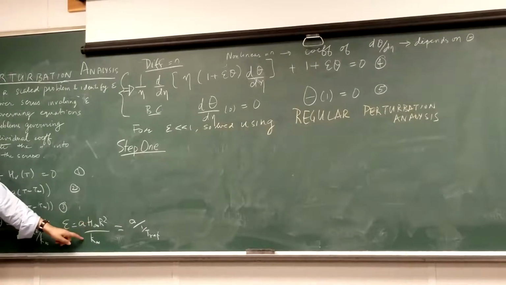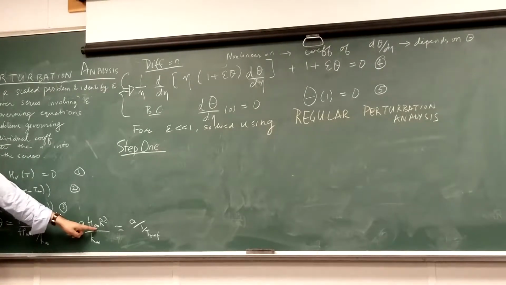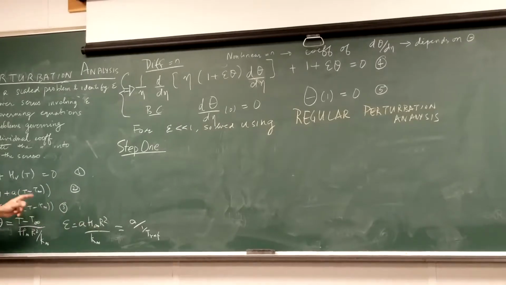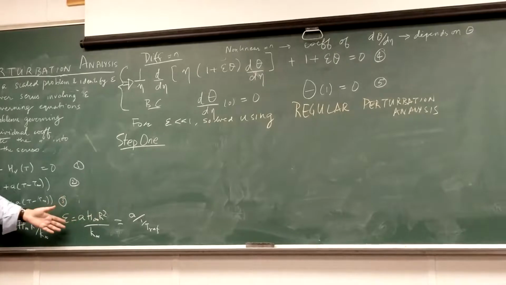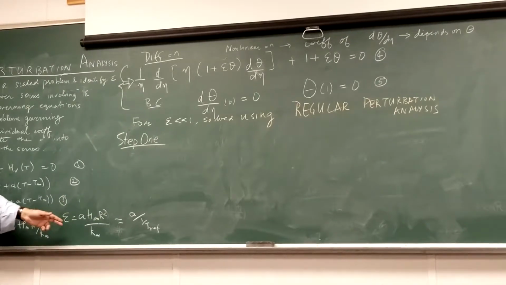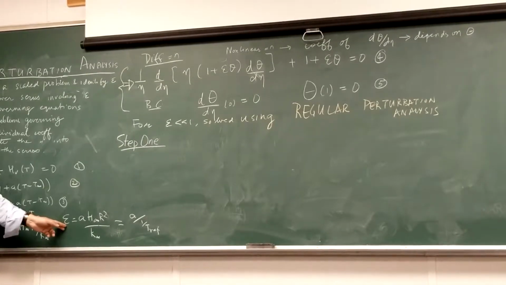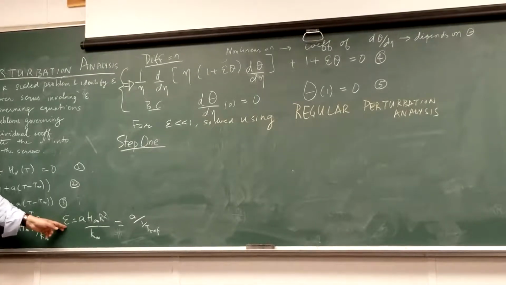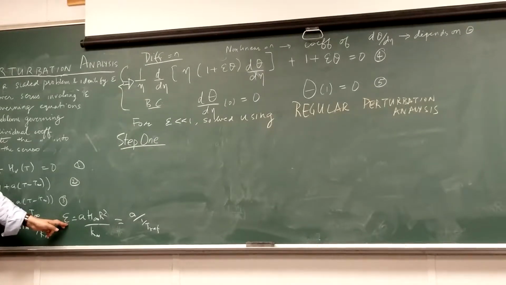And then this whole scale, because I'm evaluating K and H at the ambient temperature, which is T infinity, all those things are also constant, and my wire size is a constant. So even though this is a constant, the first step involves writing a power series where we are going to treat epsilon as a variable, and then we try to find solutions first for the case when this epsilon is 0.